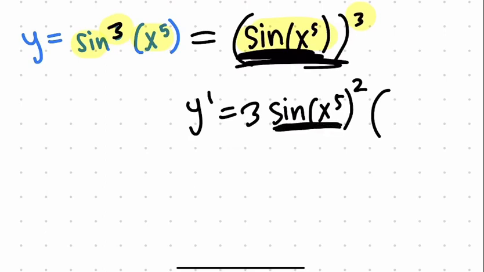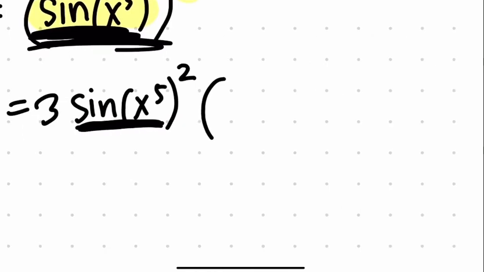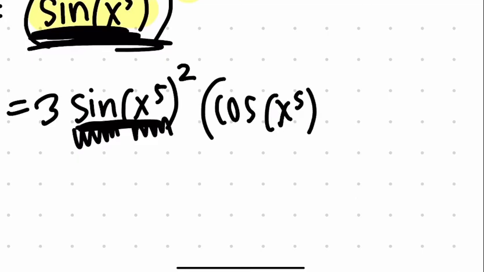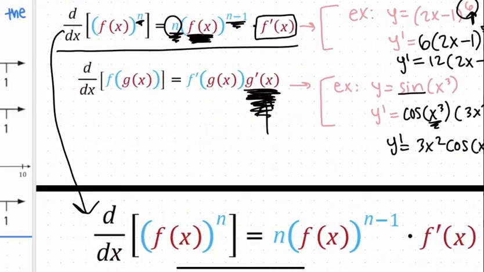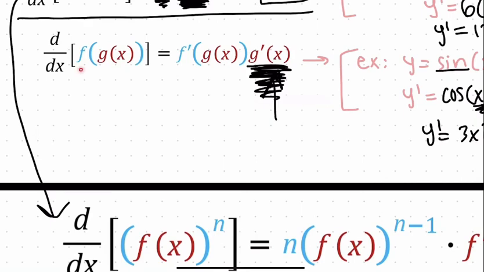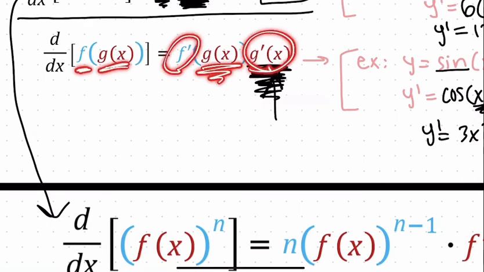So when we take the derivative of this, first what we got to do is only take the derivative of this part, which is cosine of x to the 5th, and we kept this part the same. Do you remember? In this one? So we take the derivative of that, keep this the same, and then you multiply the derivative of this.